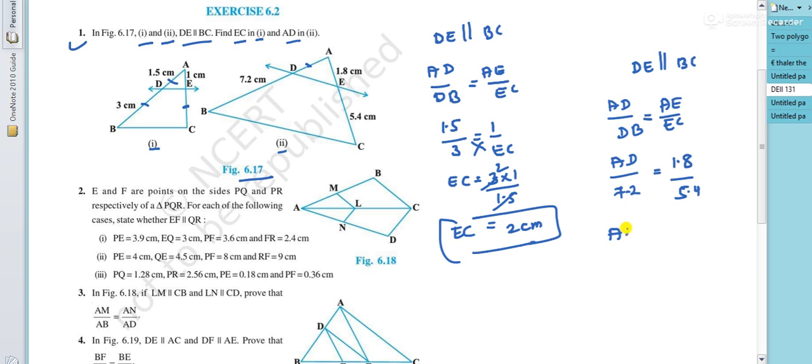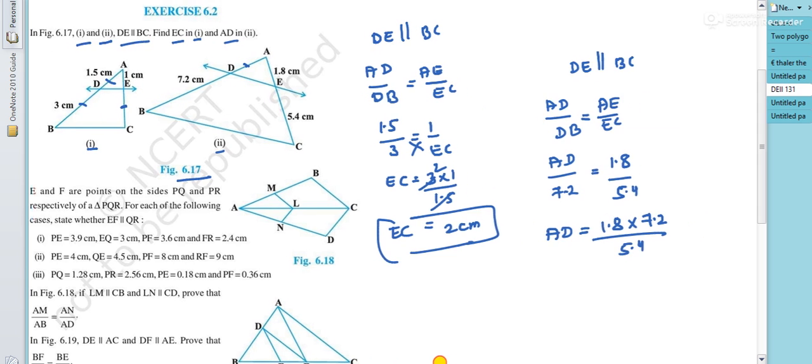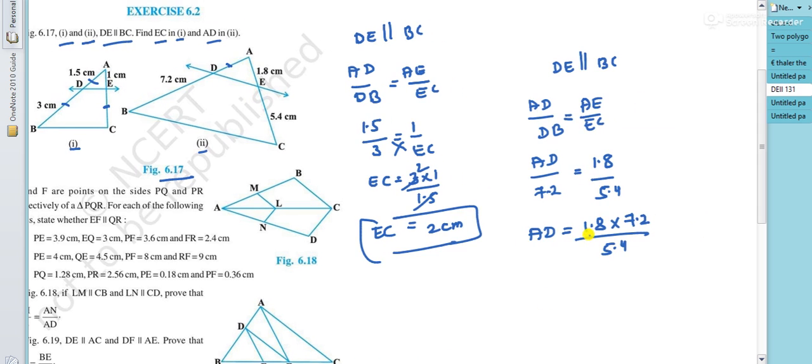So on doing the cross multiplication, we will get 1.8 into 7.2 divided by 5.4. So if you look at it carefully, all of them are in the tables of multiples of 18. If you are not looking at the decimal, you can see this as 18, this as 72, this as 54. So use the same trick.